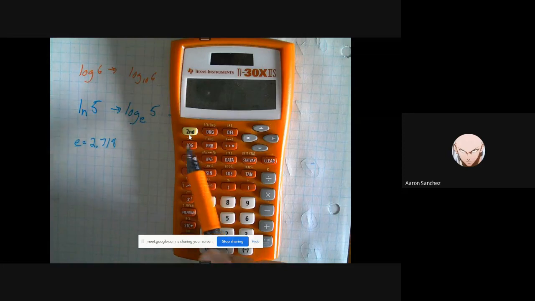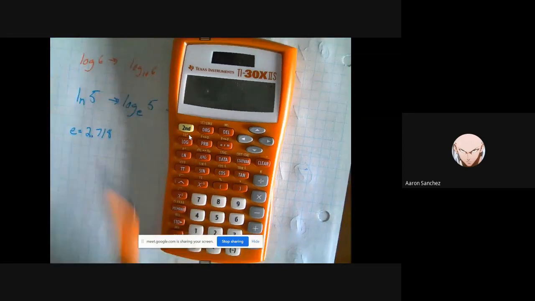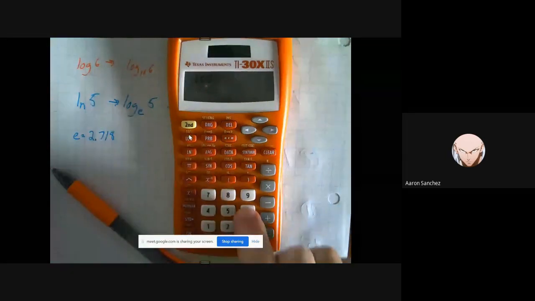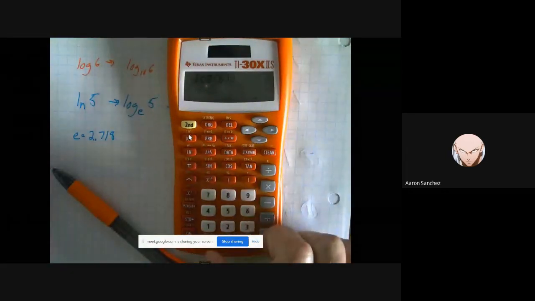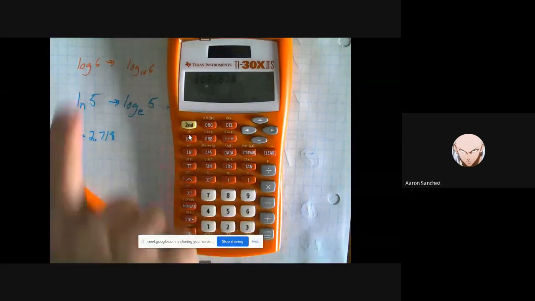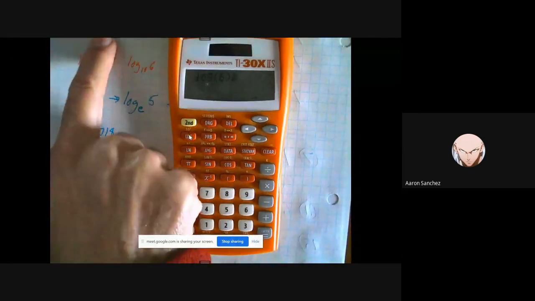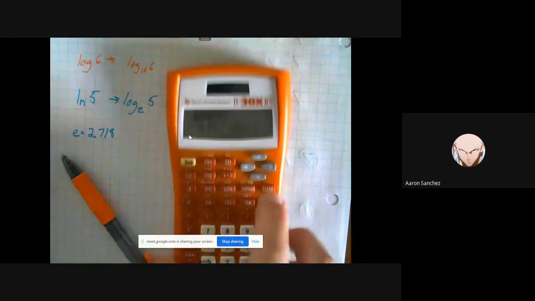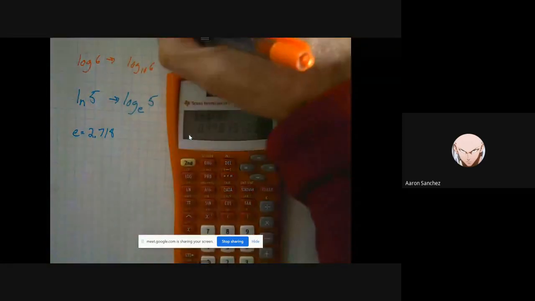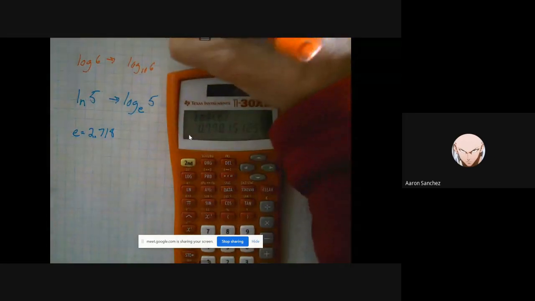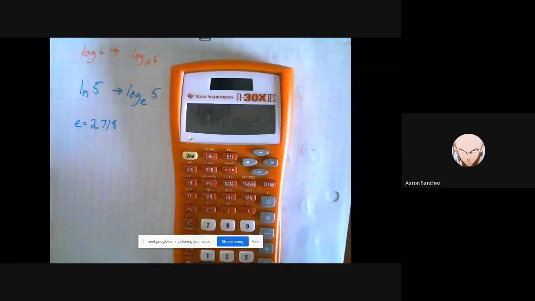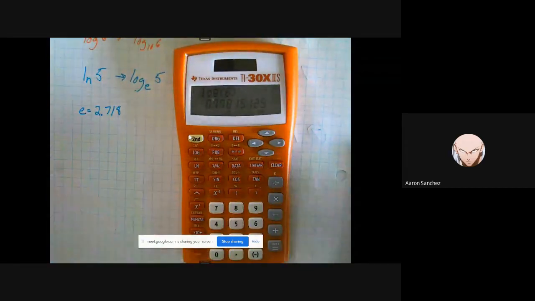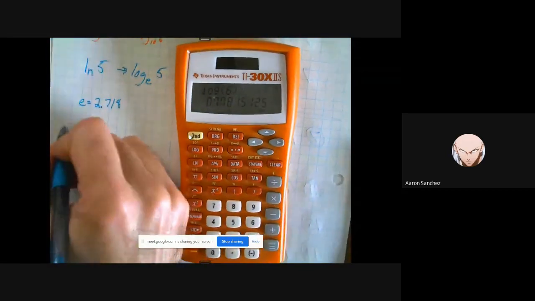So all you do is go like this: log 6, for log base 6, then hit enter. And I get 0.77815. That's all you got to do. Just punch it in the calculator. 27, 29, 31 is next. Are there any questions on that?